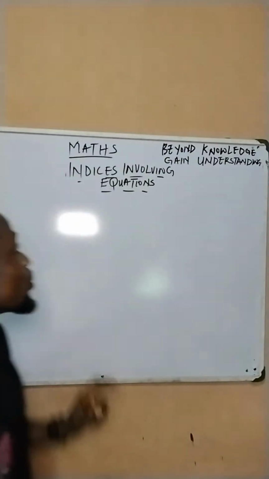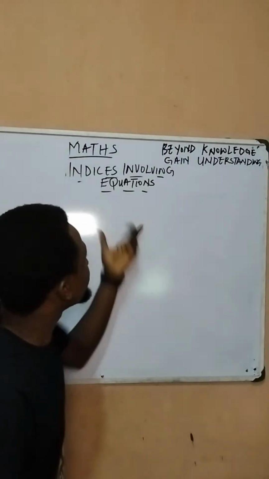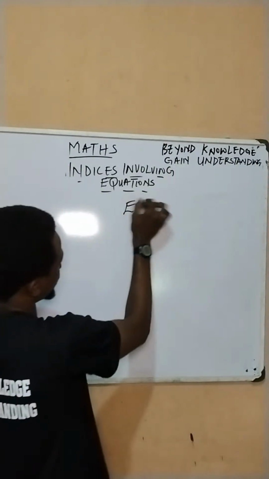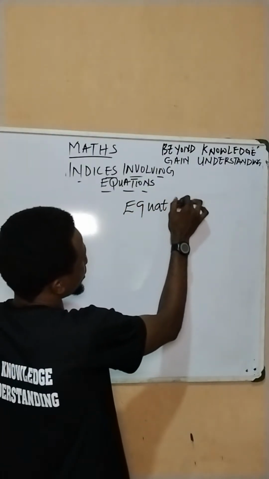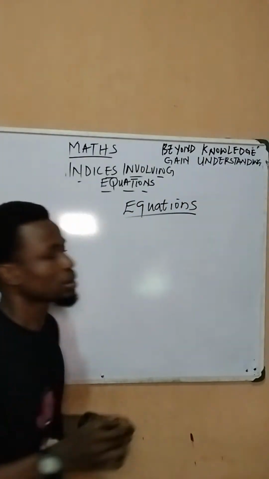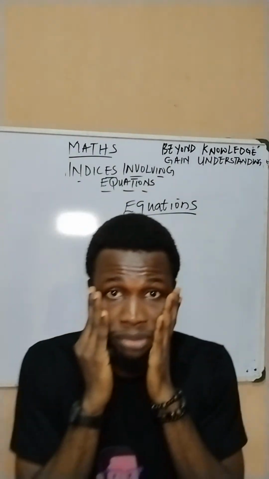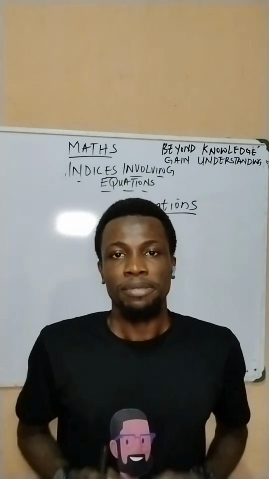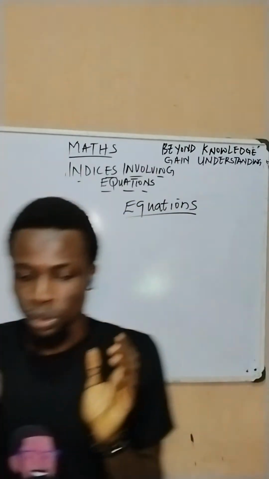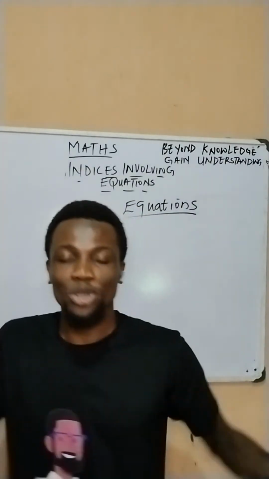So we'll go on to talk about indices involving equations. And like I said, when you talk about equation, the simple way that I visualize it is that you're trying to equate two or more things.